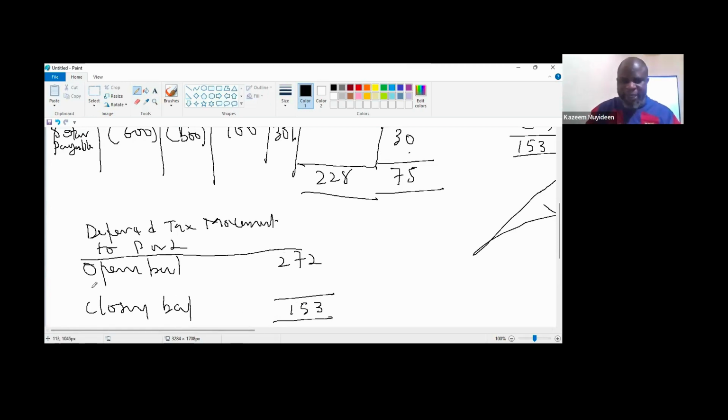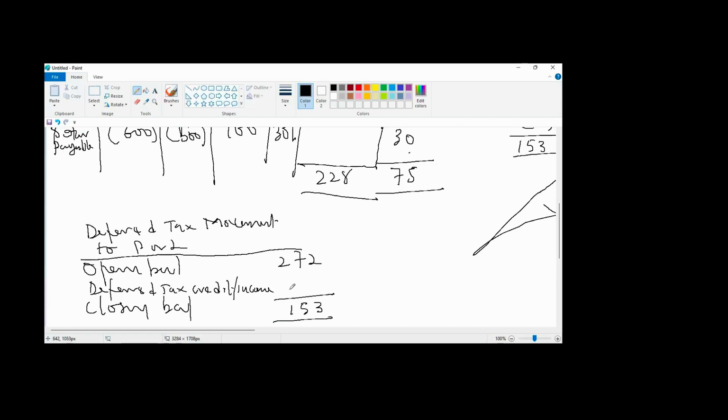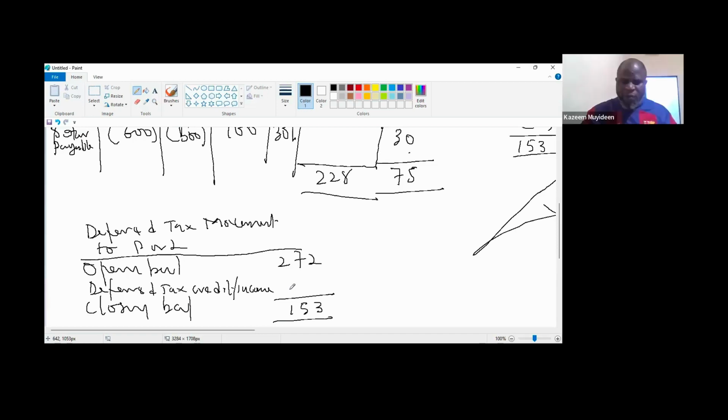This is a credit, deferred tax credit or income, which is how much now? 272 minus 153, I think that will give us 119.